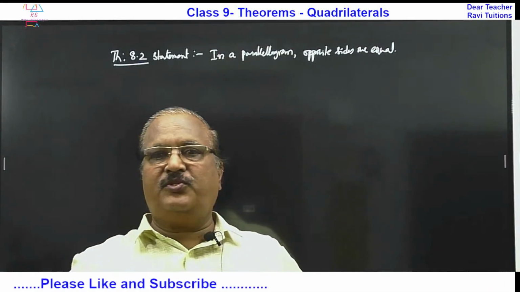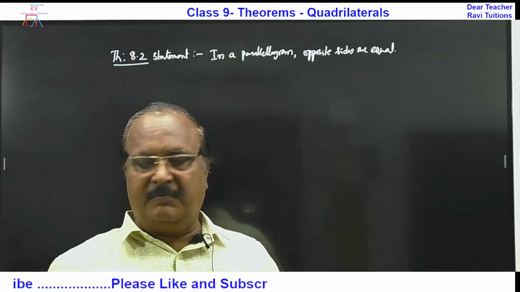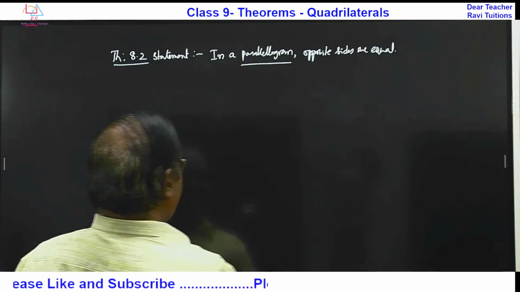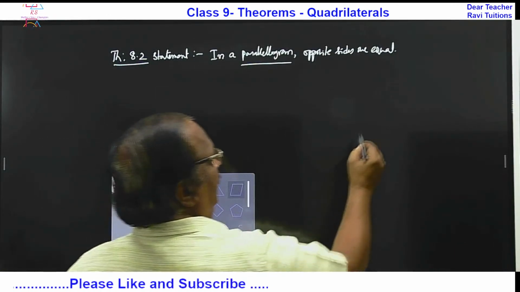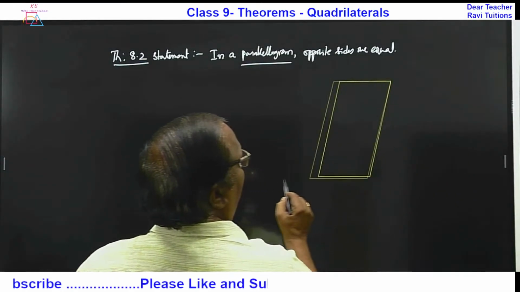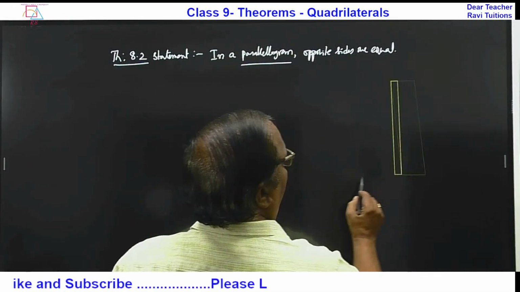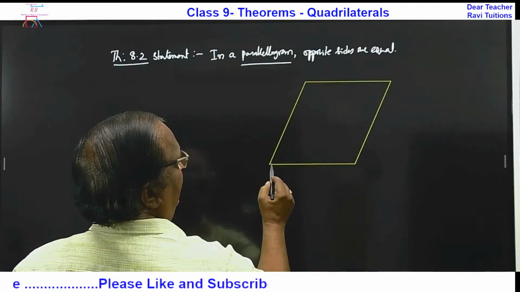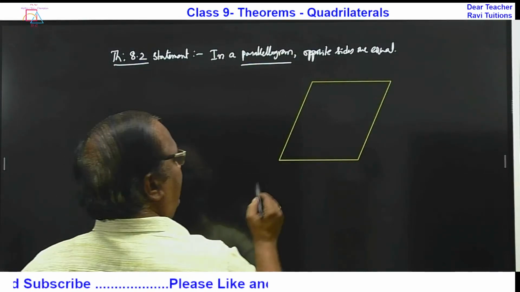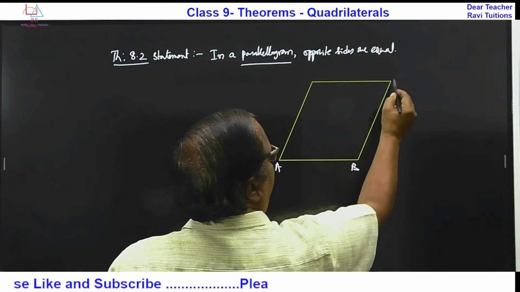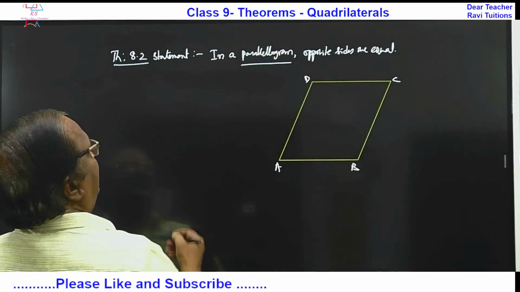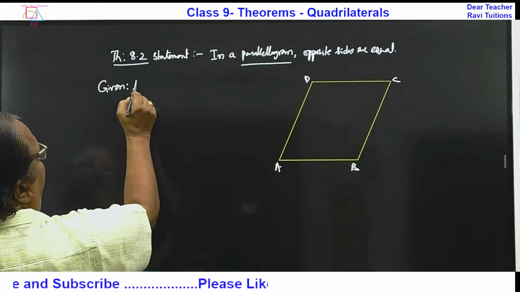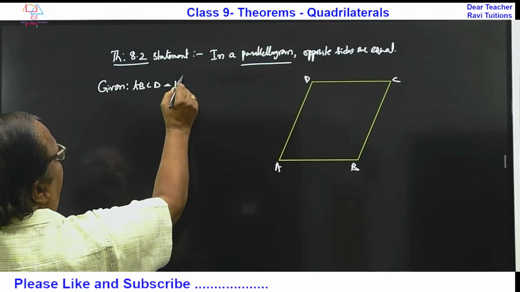In this also we are aware only of the parallelogram. We know only the parallelogram. Okay, let us take the parallelogram and name it A, B, C and D. It is a parallelogram, given: ABCD is a parallelogram.